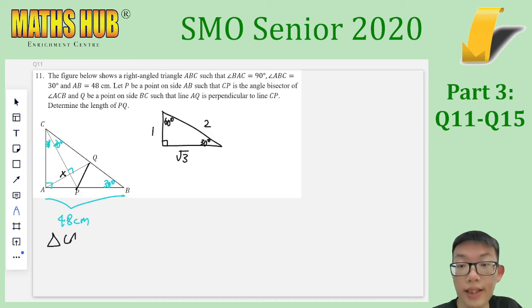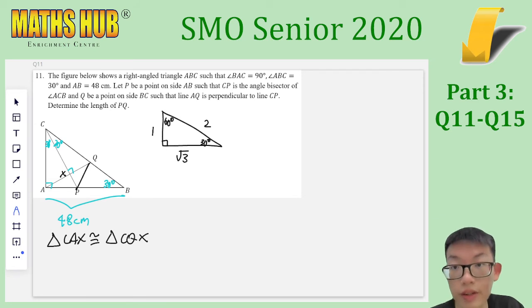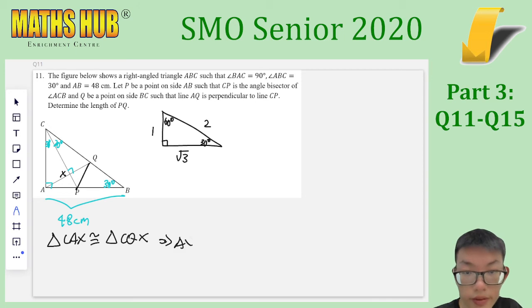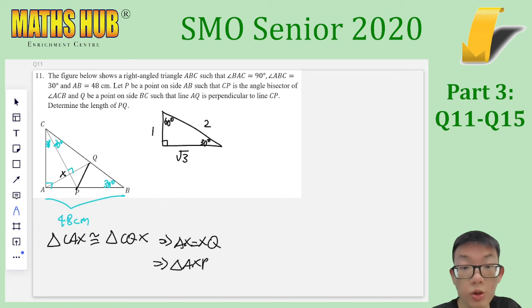Then triangle CAX is congruent to triangle CQX. That's because we have a common length, two 30-degree angles and the right angles. So this means that X is the midpoint of AQ. And that being the case, it means that now AXP is also going to be congruent to QXP.